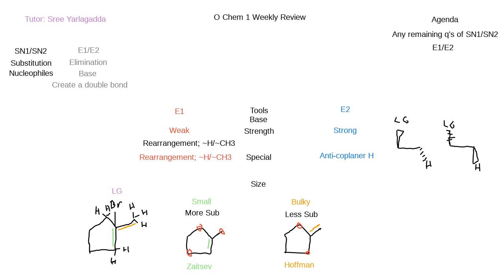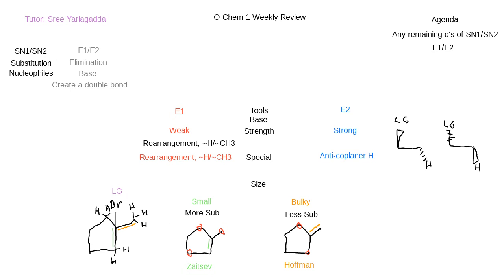Those are the names of these specific products, and once again, Zaitsev does not mean E1 or E2, and likewise, Hofmann does not mean E1 or E2. These are completely separate from E1 and E2.